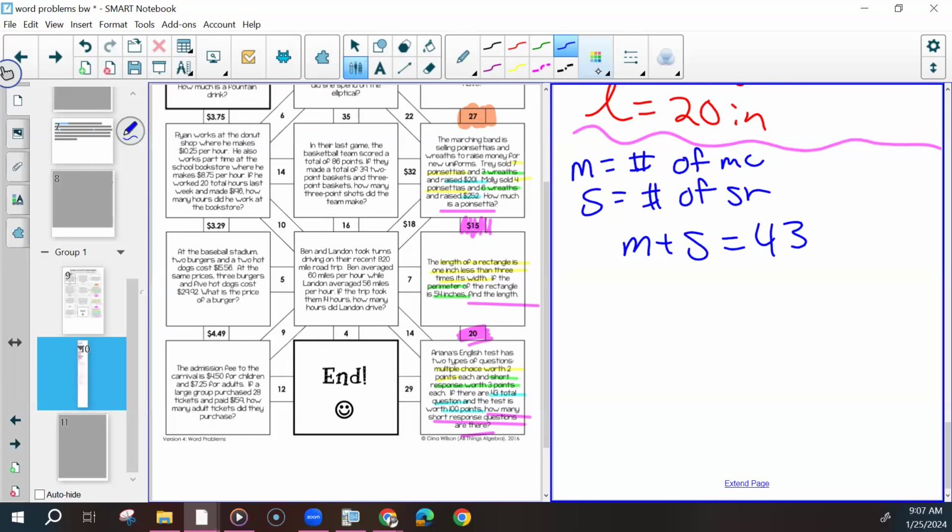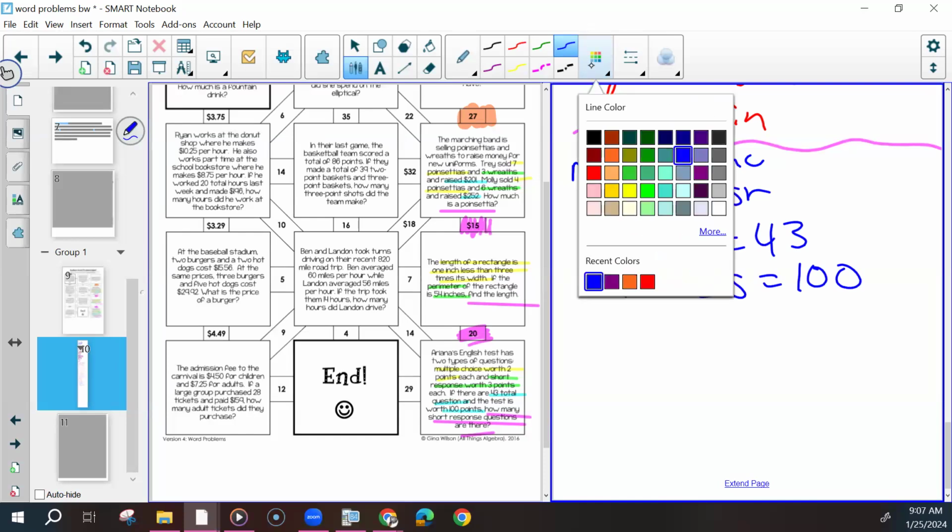And then the other? Equals 100. The worth of the points and how many, multiplied together. And the same thing for short response would give you the total amount of points for the entire test.